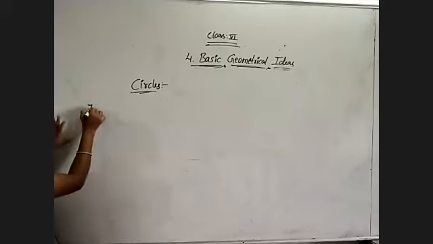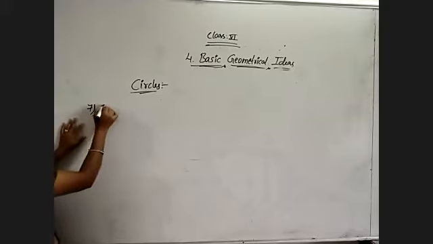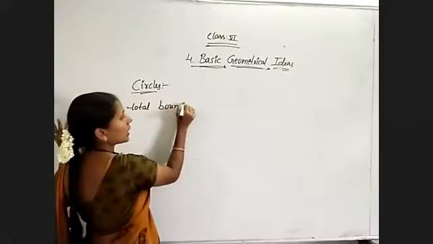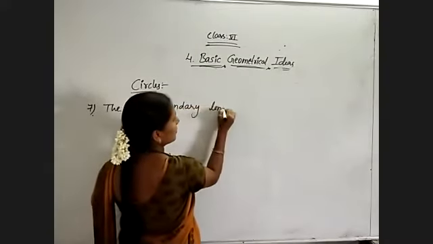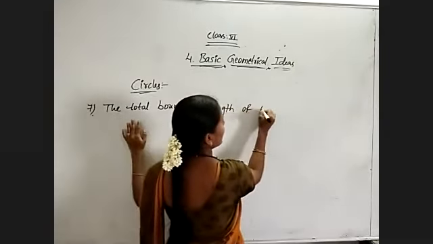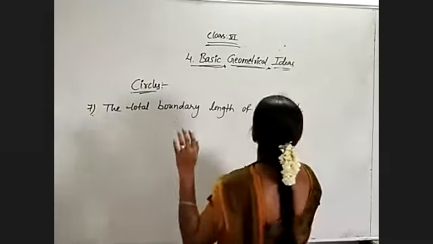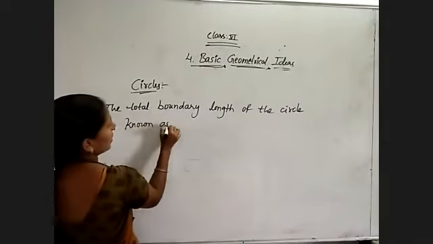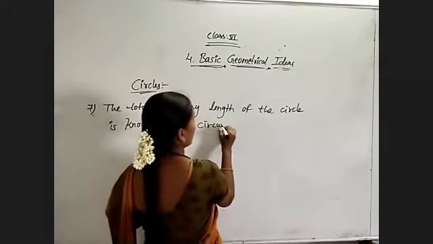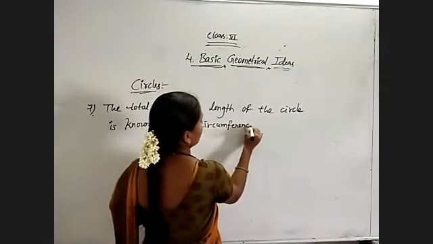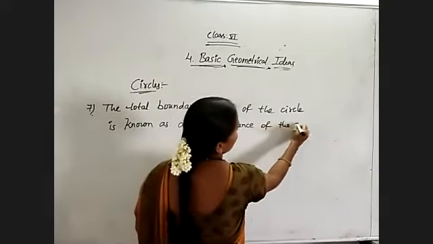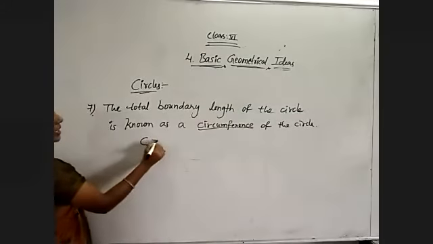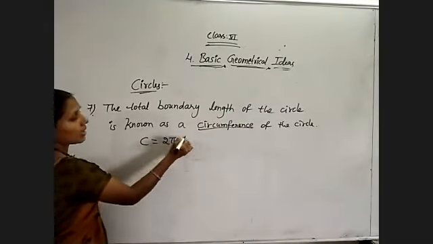So the next point, that is the 7th point, the total boundary length of the circle is known as the circumference of the circle, and it is denoted by C. It is given by 2 pi r.